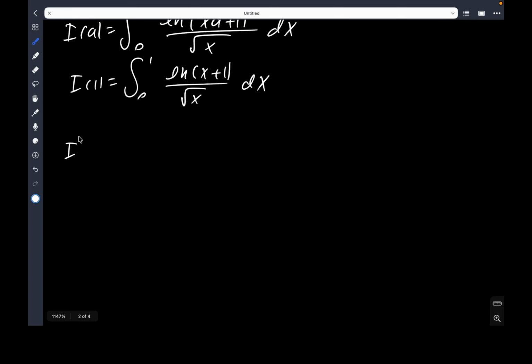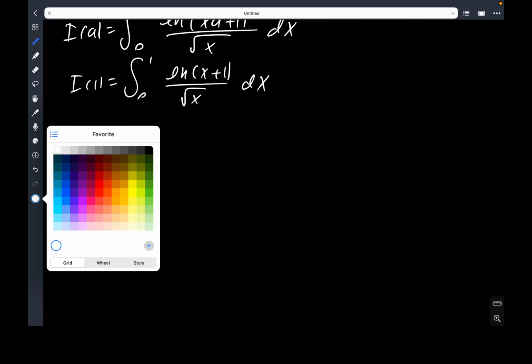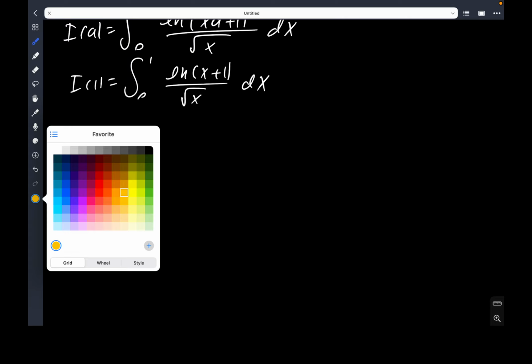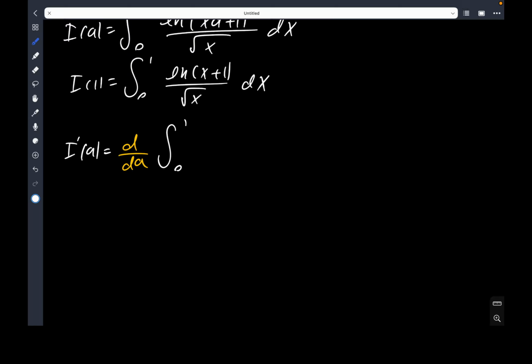So now, as usual, let us take the total derivative with respect to a of the integral from 0 to 1 of ln of xa plus 1 over root x dx.